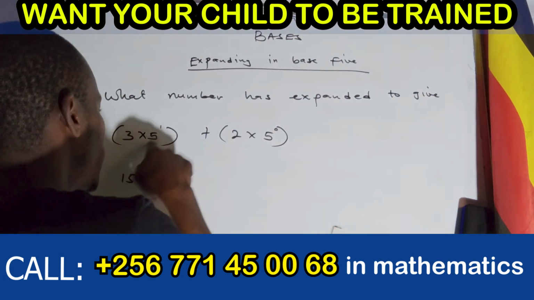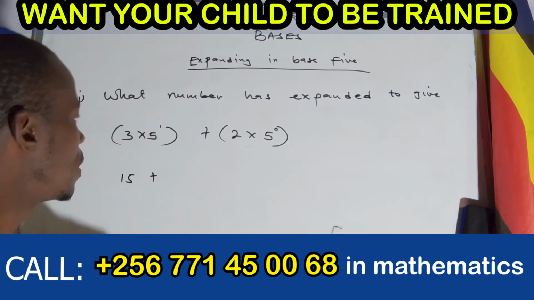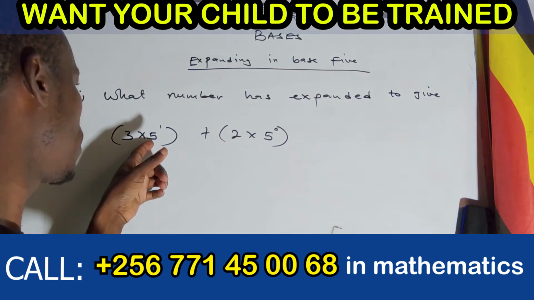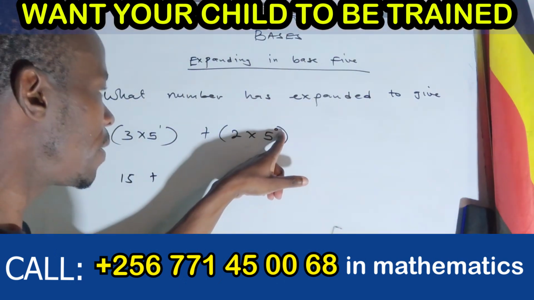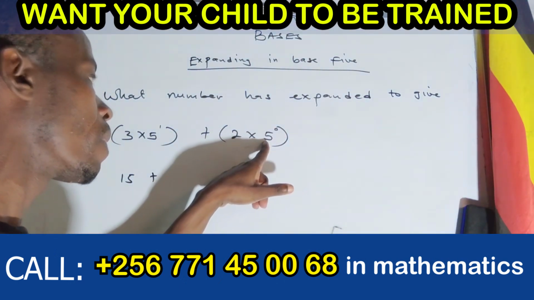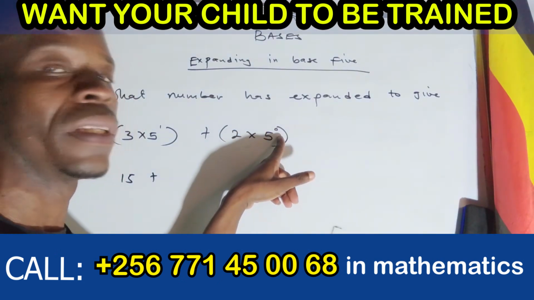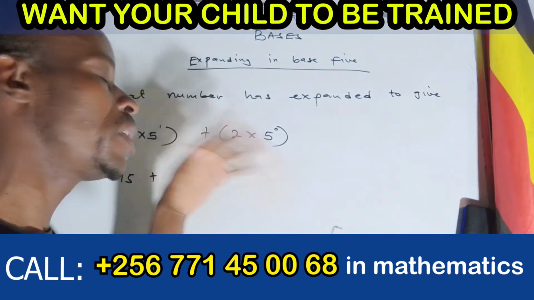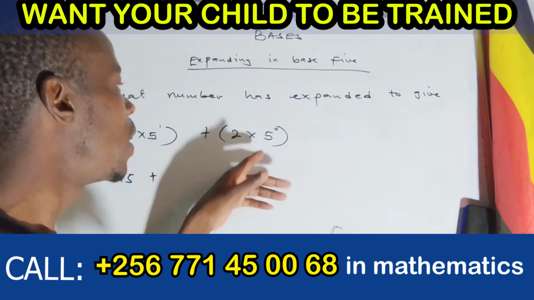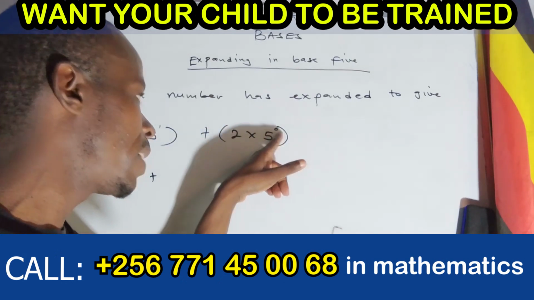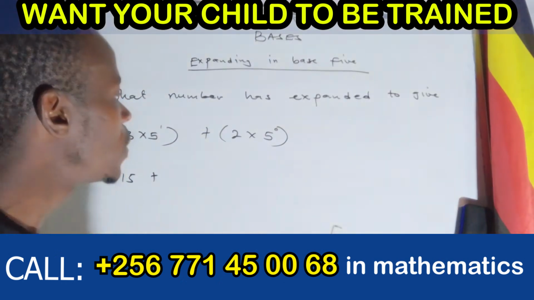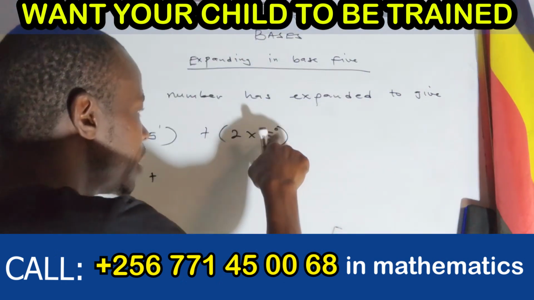Here 5 is powered by 0. So it means 5 just remains 5. Here power 0. Note, any number power 0 is 1. Even if it's 100, 1,000 or a million, if it is powered by 0, that number is 1. So here 5 power 0 is 1.